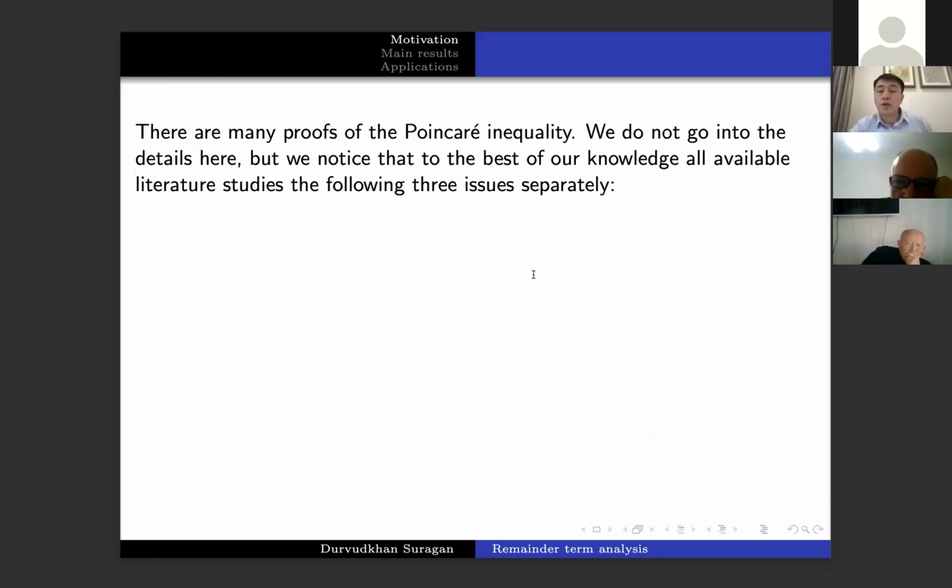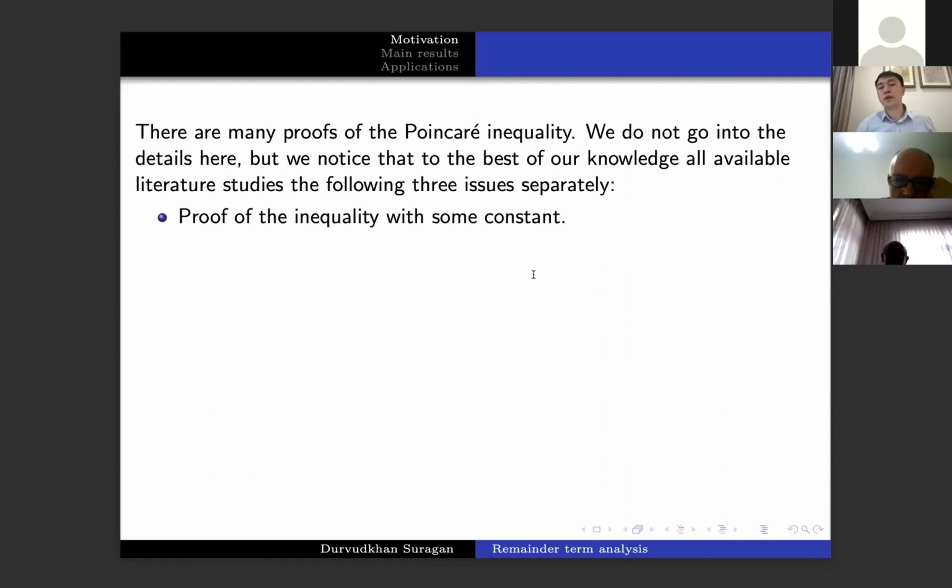To the best of our knowledge, in the literature there are 3 main problems which are studied separately. The first question, when we talk about the Poincare inequality, is the proof of the inequality with some constant. For many studies, the rough inequality is already sufficient to continue, to apply this inequality as a tool, for example for some existence results.